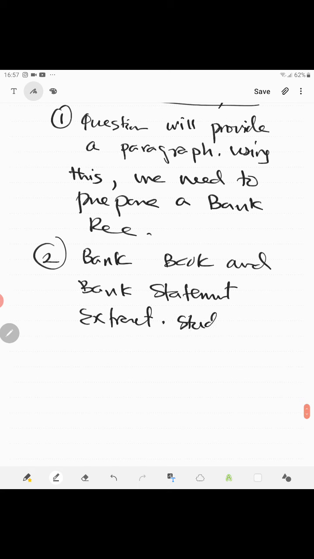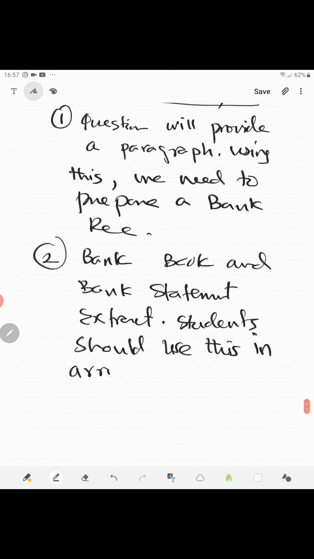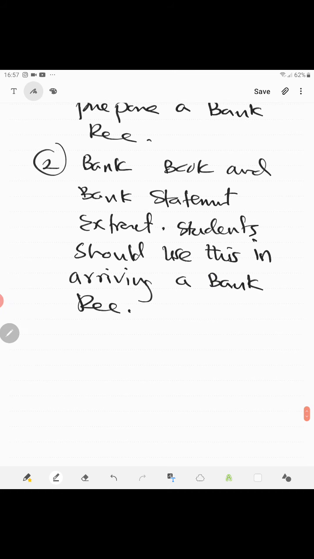Students should use this in arriving at a bank rec. With this, I will conclude the theory discussion of bank reconciliation statement.